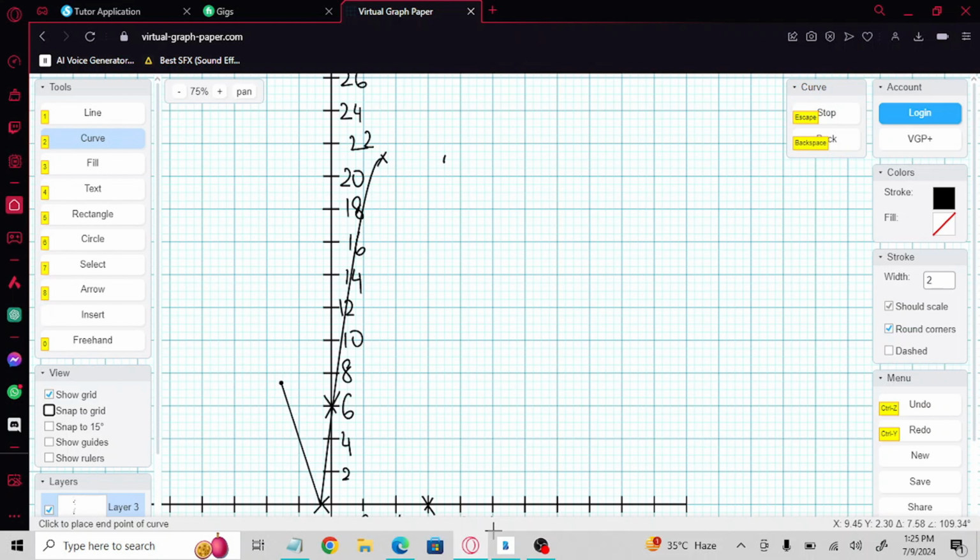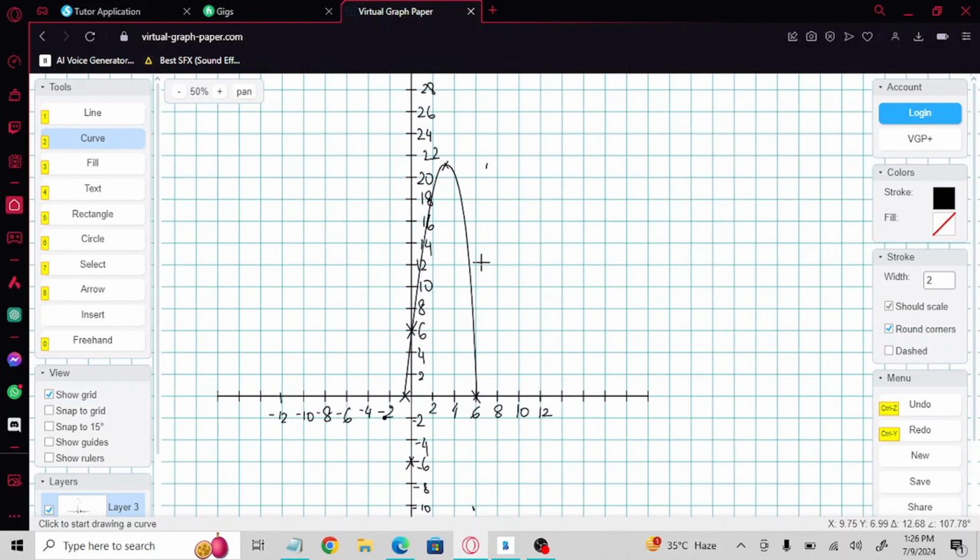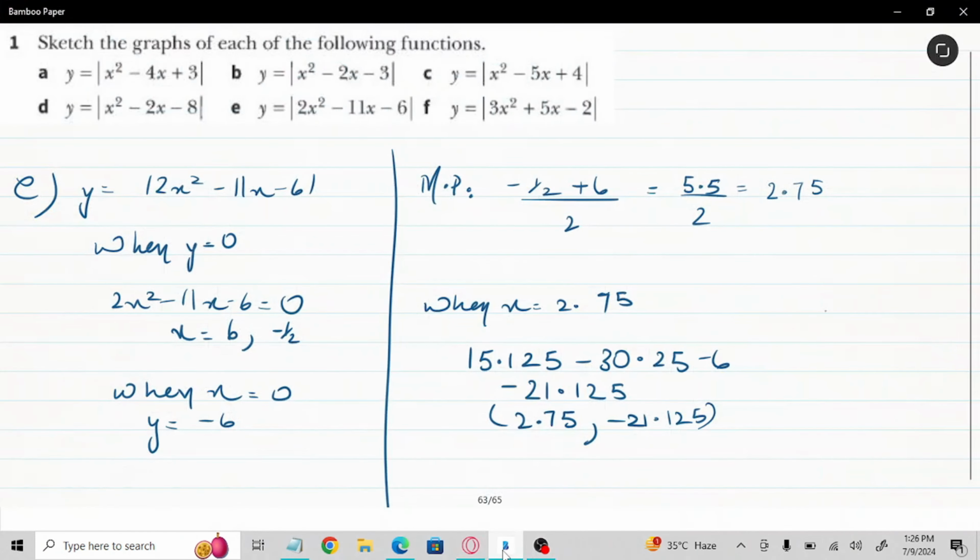Now what I'm going to do is Control Z, and connect this one here, like this. At this point, I'm going to take it all the way down here. And that's it. This is our graph for part E, if I'm not wrong, yes.